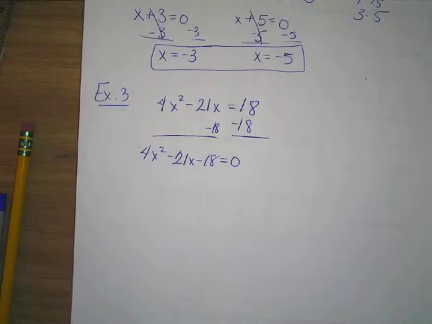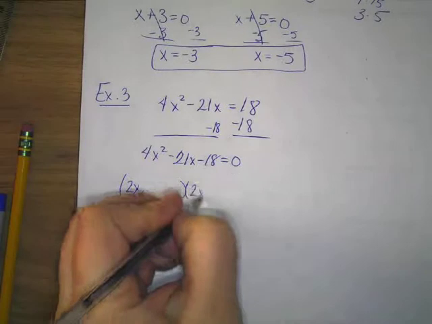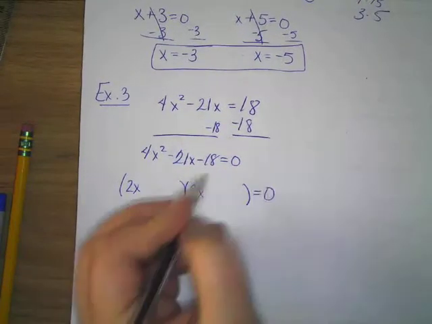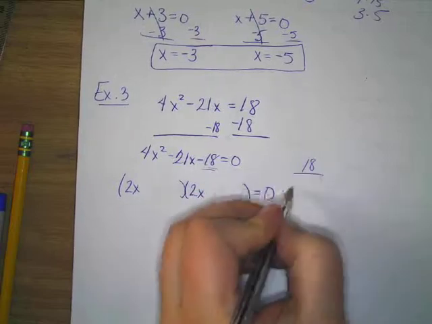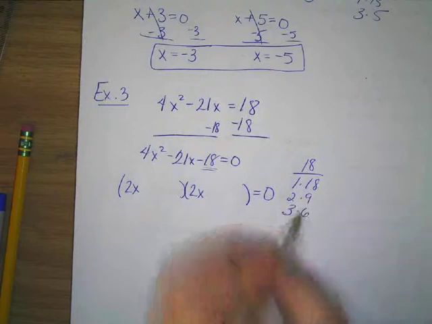How many ways are there to factor 4? There's 2 ways to do it. Which 2 do you want to try first? 2 and 2. Okay. And now let's look at our 18. 1 and 18, 2 and 9, 3 and 6.